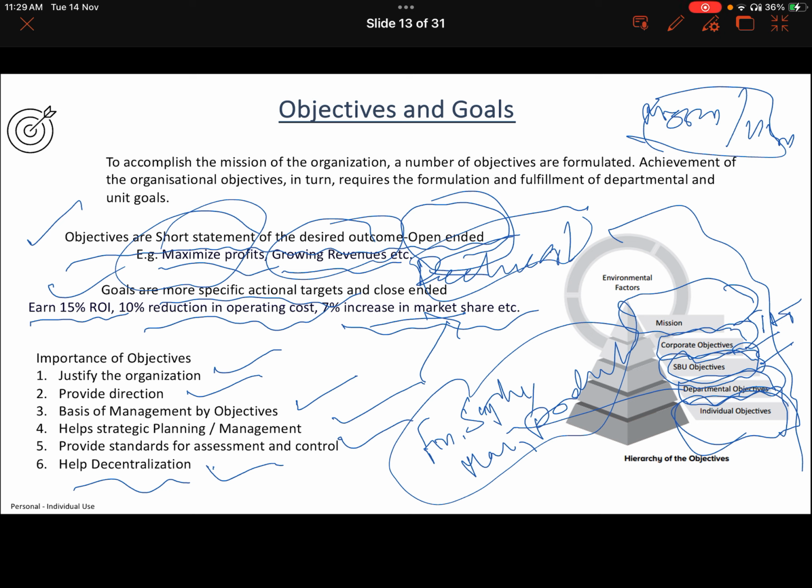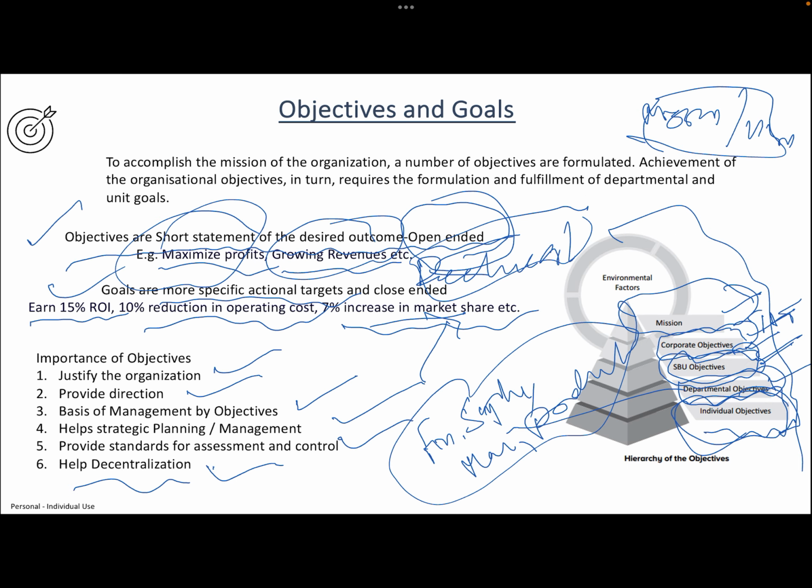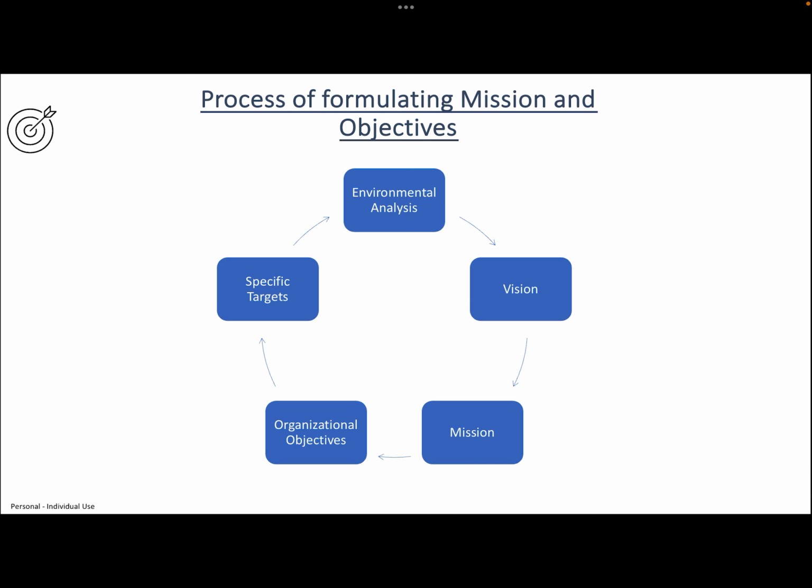As an employee, what are my aspirations or my objectives? So the bottommost is the individual's objective and the topmost is mission. Below that are corporate objectives, SBU objectives, and department objectives. So goals are just one step below here. Don't get confused. If you state all your objectives in specific terms, then they will be called goals.